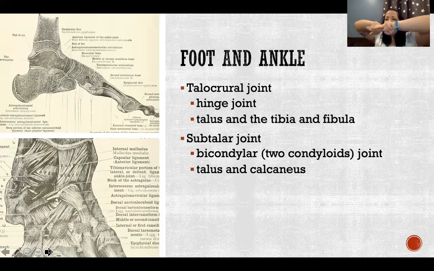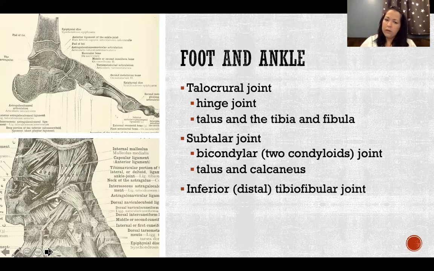They make kind of a V shape next to each other. So it's two condyloids, or bicondylar, and that's where we have our inversion and eversion. So where the ankle's tilting side to side, inversion and eversion, that is only happening at the subtalar joint. Okay, so talocrural joint, dorsiflexion and plantar flexion, subtalar joint, inversion and eversion.